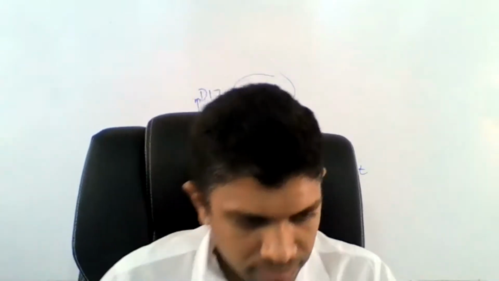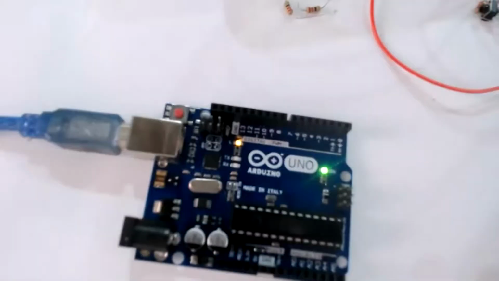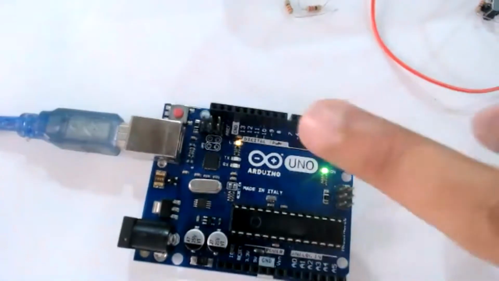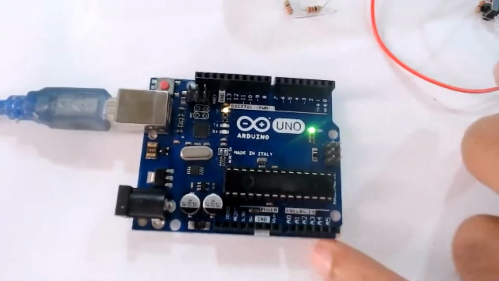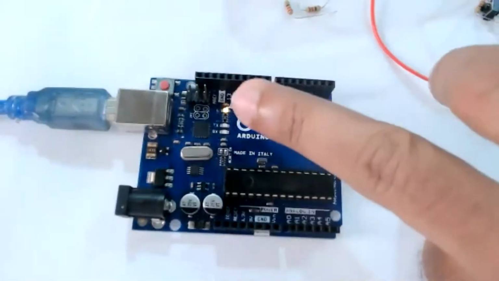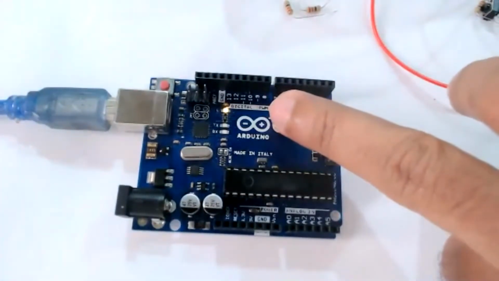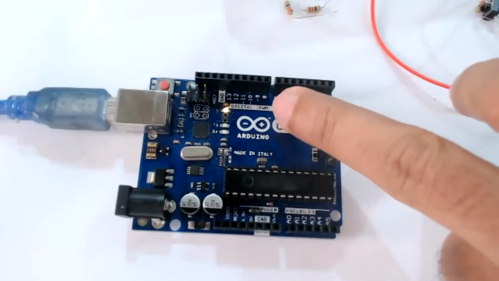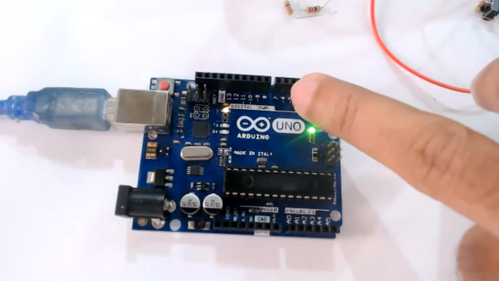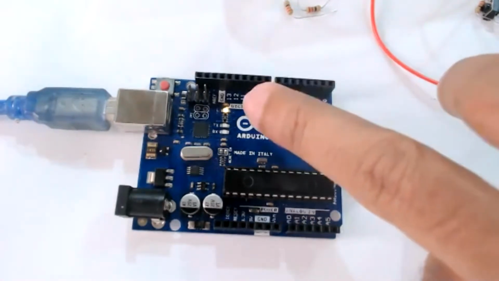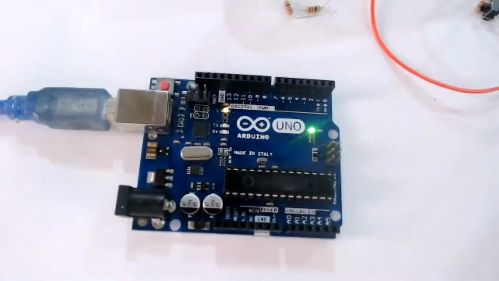So in Uno board, look at in the Uno board, if you look at the digital port, not the analog. If you look at the digital port, මෙතන මේ වරහන් ඇතුළේ තියෙනවනේ PWM symbol. Pin number 3, 5, 6, 9, 10, 11. They are special pins.